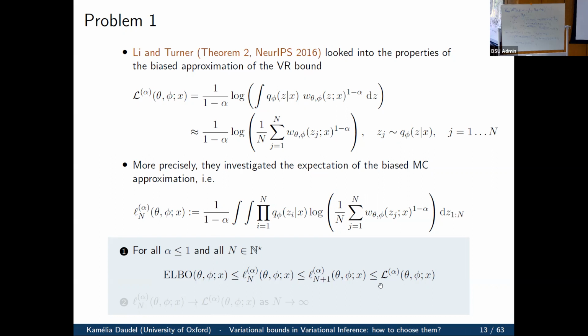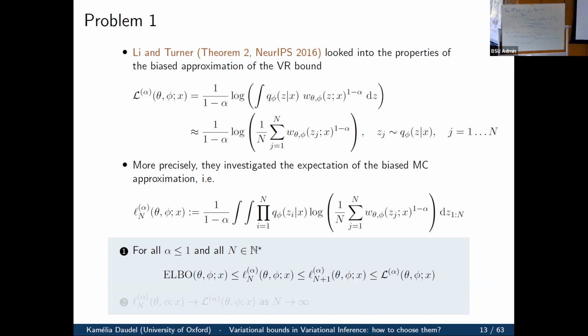And as you increase n, you will get closer to your initial, oh, damn, this should be VR. I'm sorry, this was previous notation. This is the VR bound. Sorry, guys, wrong notation. Basically, as you increase n, you will get closer to the VR bound, in a monotonic manner, if you look at the expectation, which is kind of reassuring.